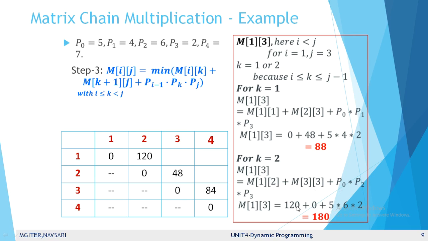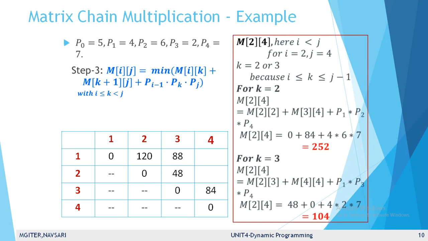So 120 plus 5 into 6 into 3, so it becomes 210. Now the less computation is found whenever k is equal to 1. So we put the less computation: M of 1 3 is equal to 88.